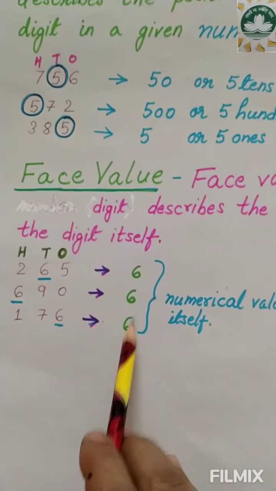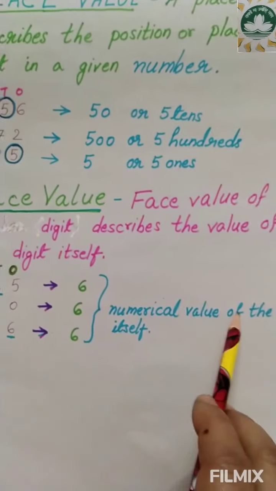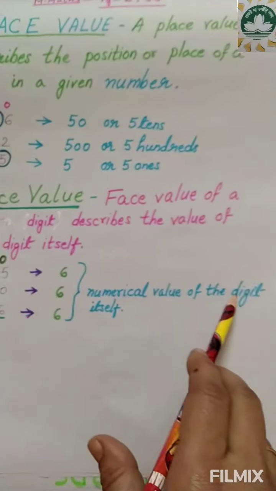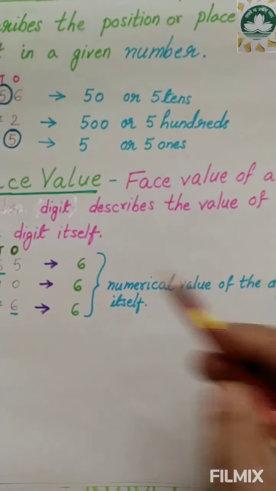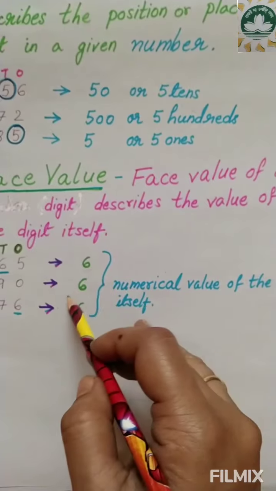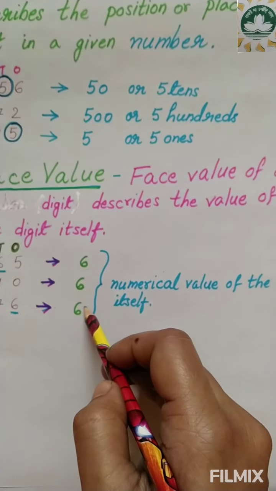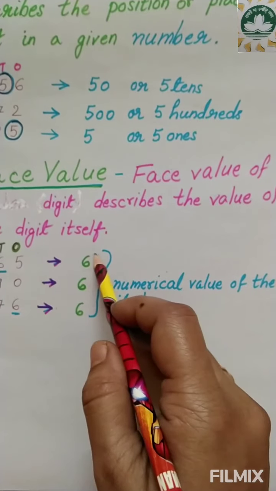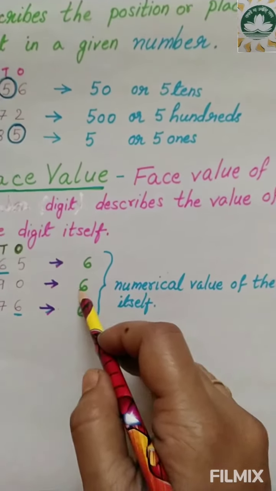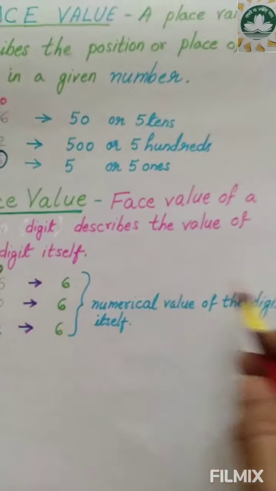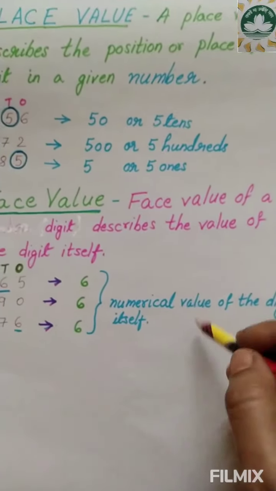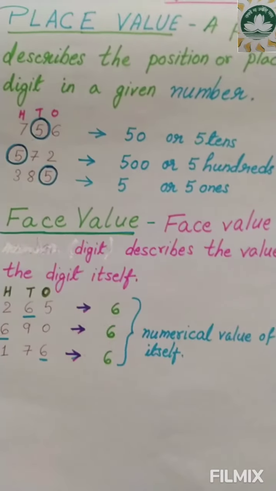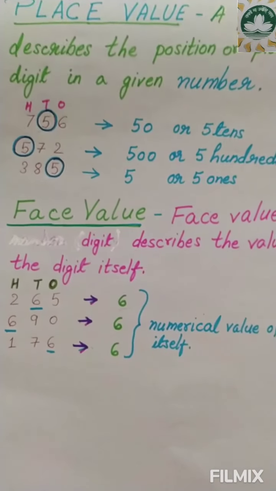As you can see, the numerical value of the digit itself remains what it is. So the face value does not change, the look does not change, but the place value keeps changing. So here you come to know how you are going to solve the place value and face value.